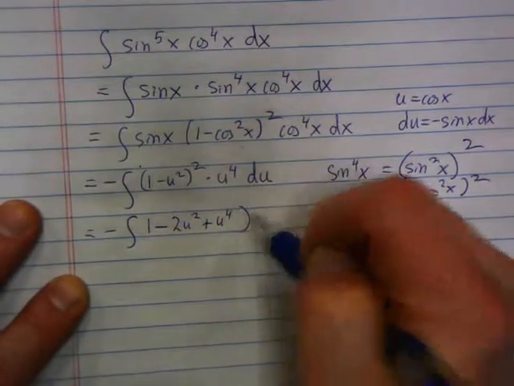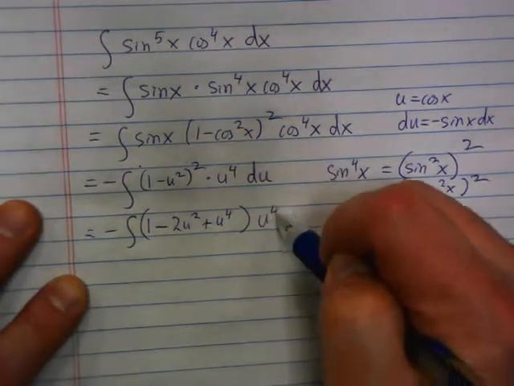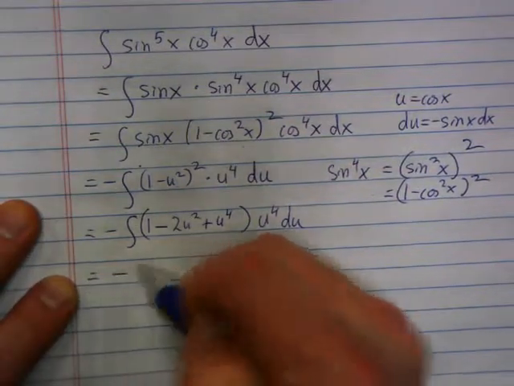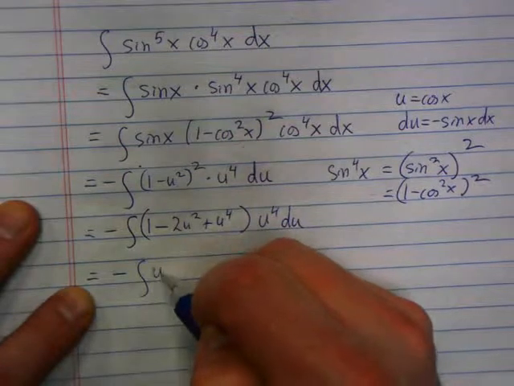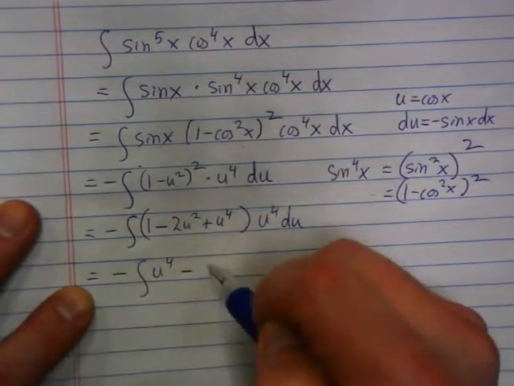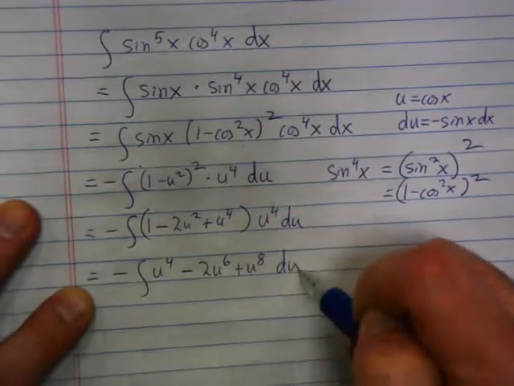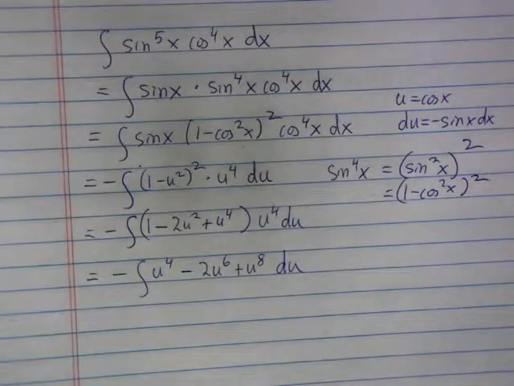And then I have to take all that and still multiply it by u to the fourth du. Minus the integral of u to the fourth minus 2u to the sixth plus u to the eighth du. And finally, I have something written in a form that I can integrate. I can just do term by term now.